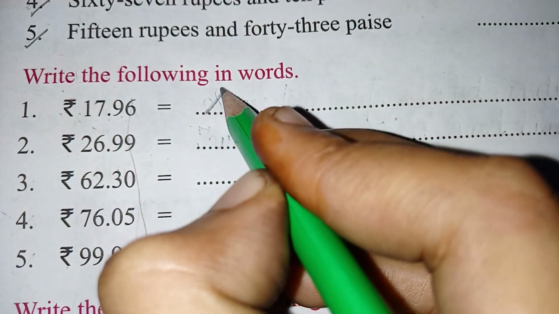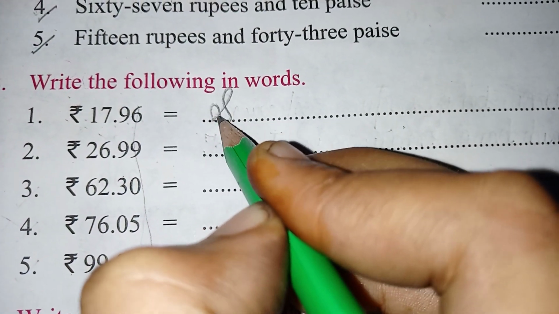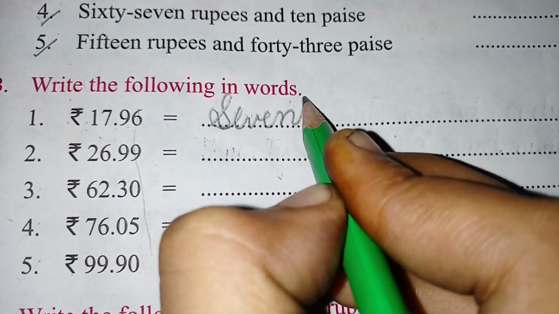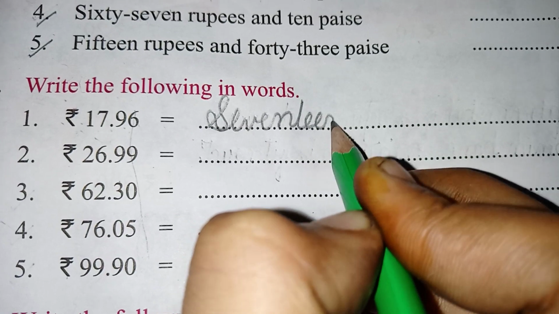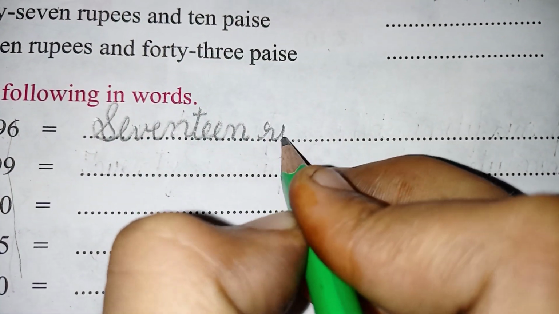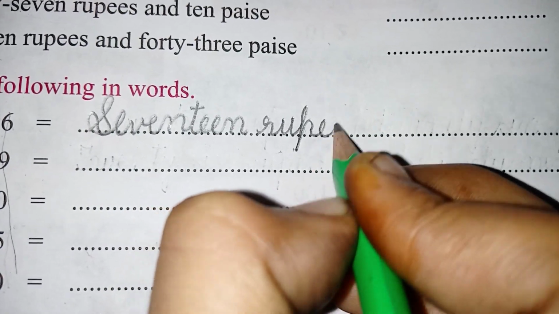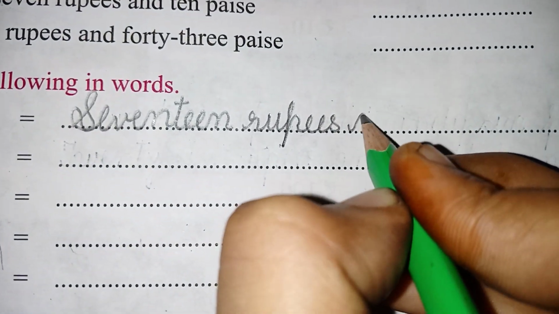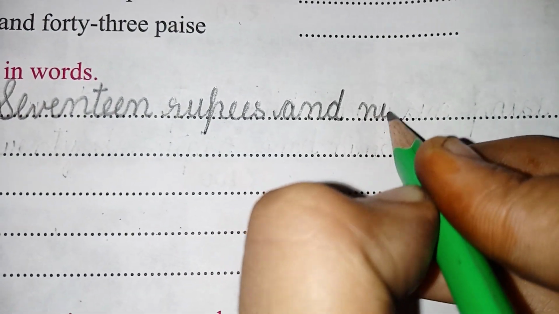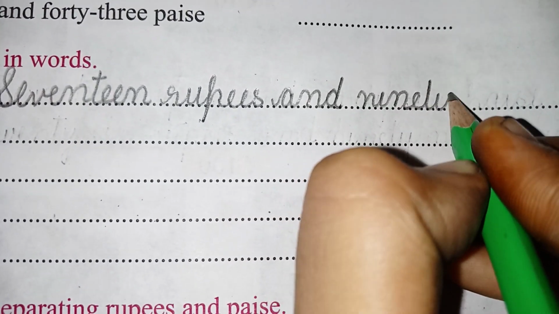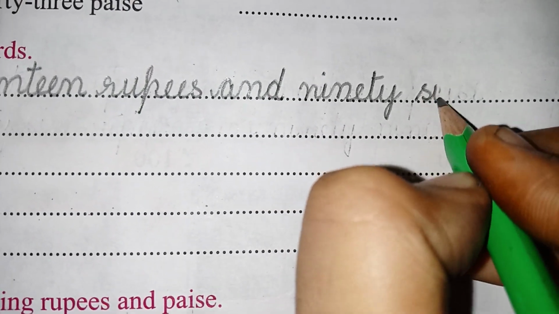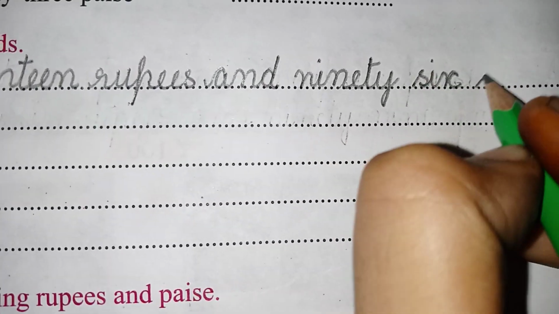We have to write in words. 17 rupees and 96 paise.